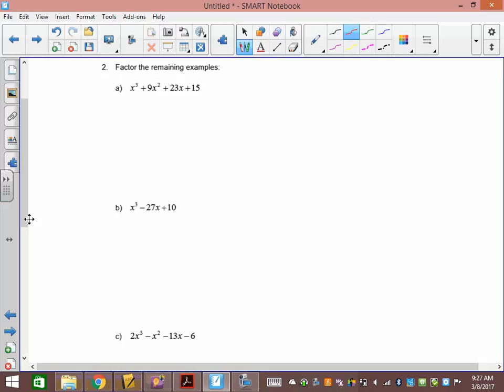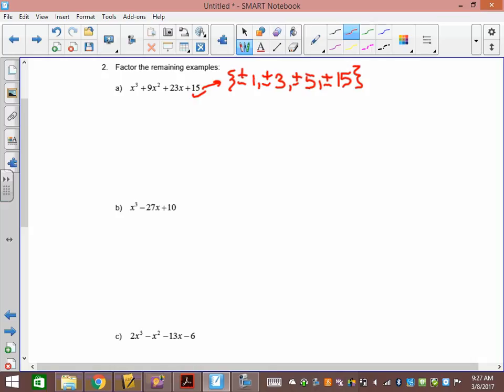So what are my possible values that I put in front of my synthetic division symbol? What are the possible roots? Plus or minus 1, plus or minus 3, plus or minus 5, plus or minus 15. If it ever says possible, then it would be any of those. So if it said what could the factor be?